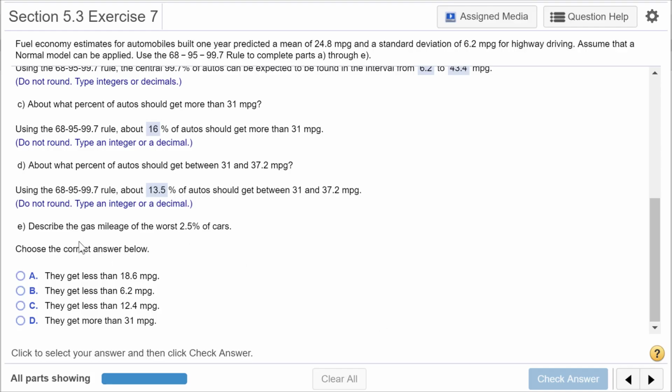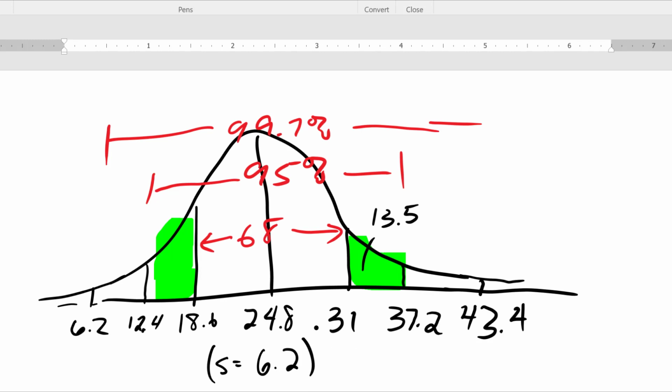Okay, describe the gas mileage of the worst 2.5% of cars. So the bottom 2.5% of cars. What do we have going on here? Using our 68, 95, 99.7 rule, if this is 95%, what does that leave me for these two tails?